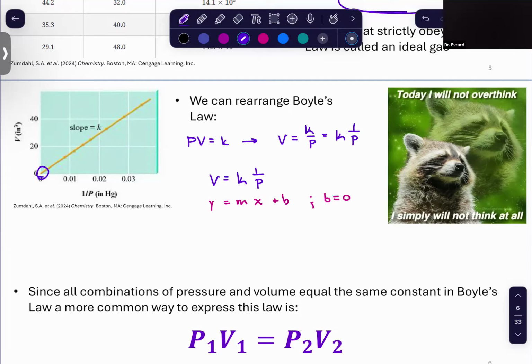And so you notice here that, yeah, the line does pass through the 0 point, so b equals 0. And so then for the gas that you're looking at, if you plot volume versus 1 over pressure, you're going to get a line the slope of which is going to be that constant K for that gas.